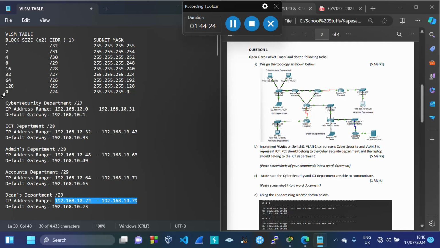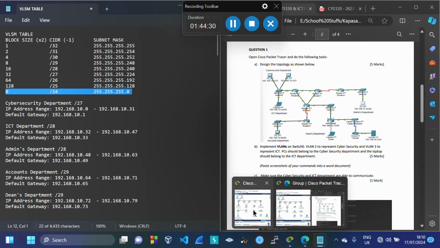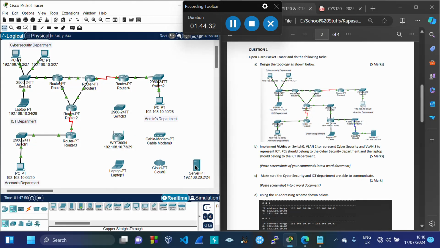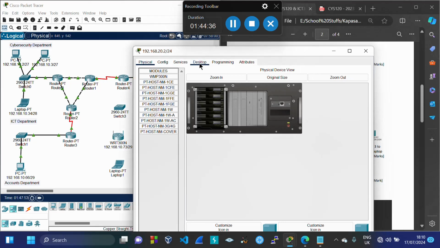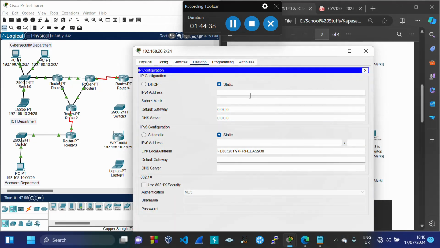A /24 has a mask of .0 at the end, so we need to keep track of the mask before configuring. So we'll come back to this server, then under Desktop, IP Configuration, we're going to put the IP address which is given, then leave .0 for the mask. The default gateway can be .1. So like that, keep track of this information.